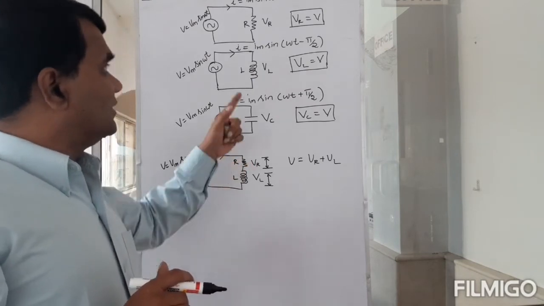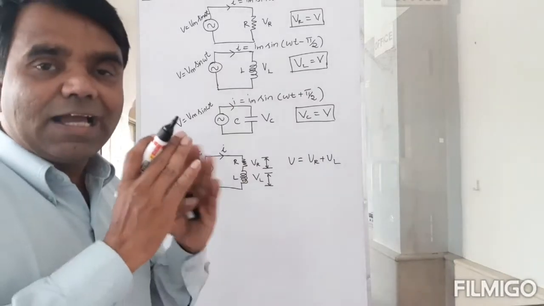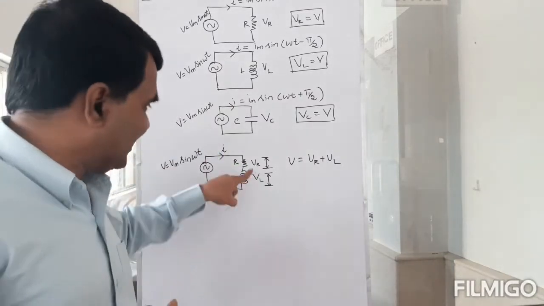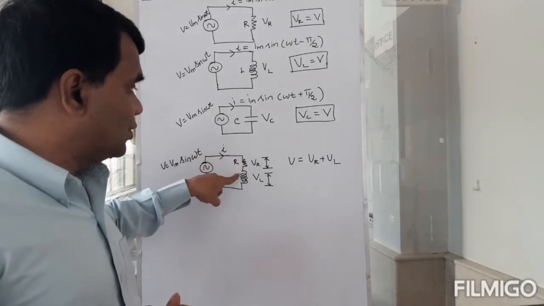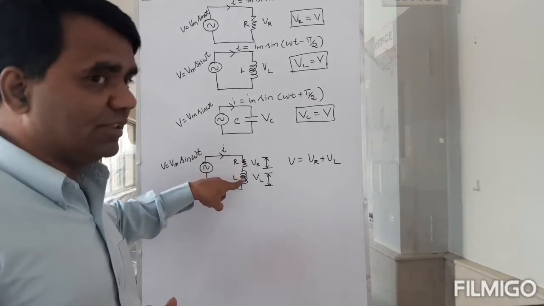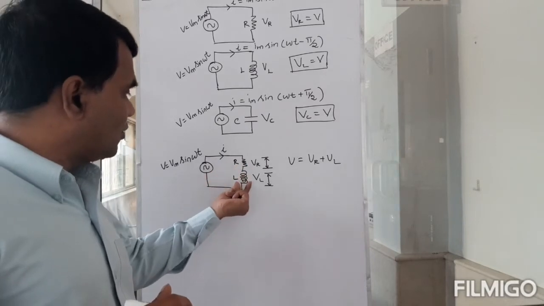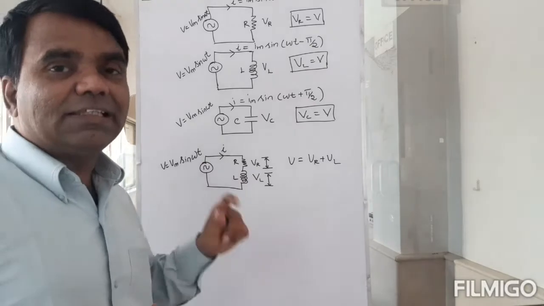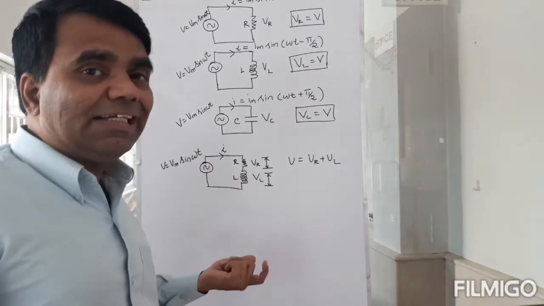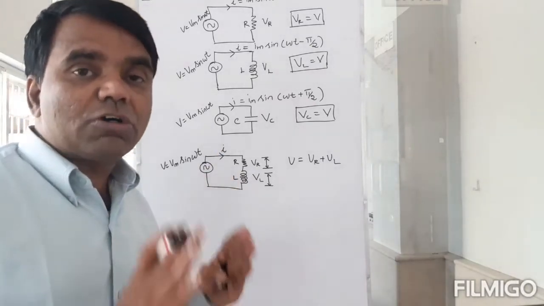But we say that the current goes hand in hand with the voltage. Which voltage? This voltage. And the same current will lag this voltage, the voltage across the inductor. And if there is a capacitor, then the current will lead the voltage across the capacitor.